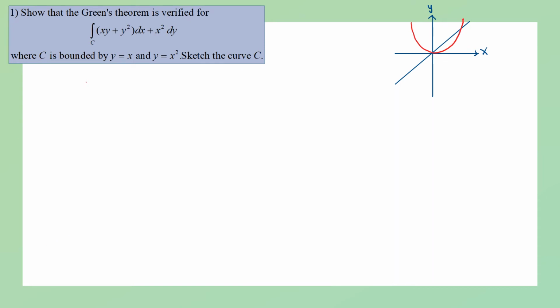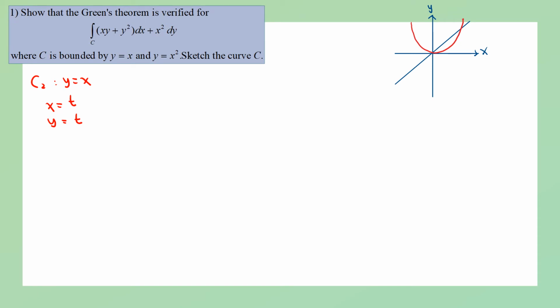Okay, next we proceed to curve 2, C2, which is y equal to x. The same step, you have to parameterize the equation. So x equal to t, so y equal to t.